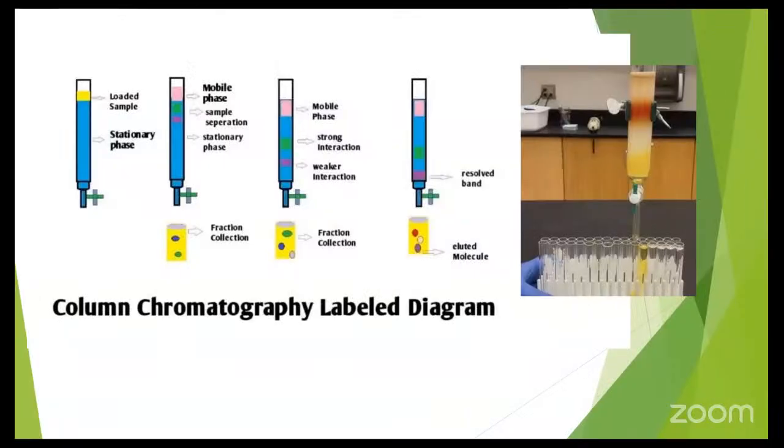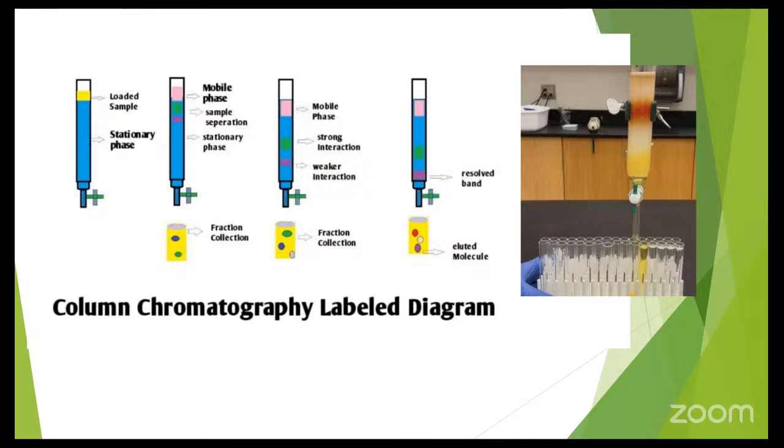Coming to column chromatography, this is how the column chromatography looks, and on the side I have given the real image from the lab, where they load the sample. The stationary phase is in the column, and you separate the compounds here. It consists of a glass column of 1 to 5 centimeters in diameter, and the column should be packed tightly with a powder-sized dry particle, that is the inert phase.